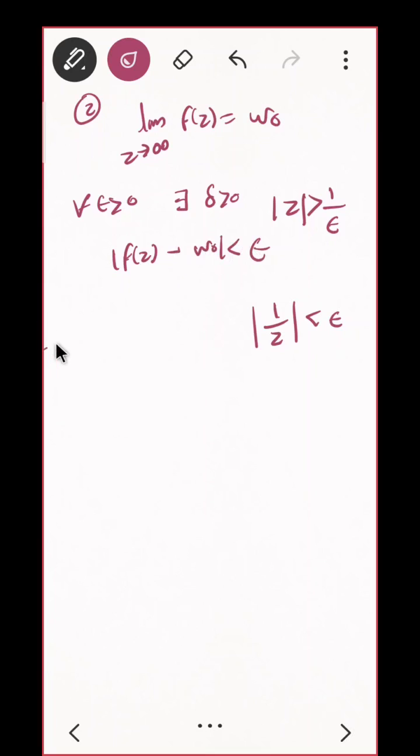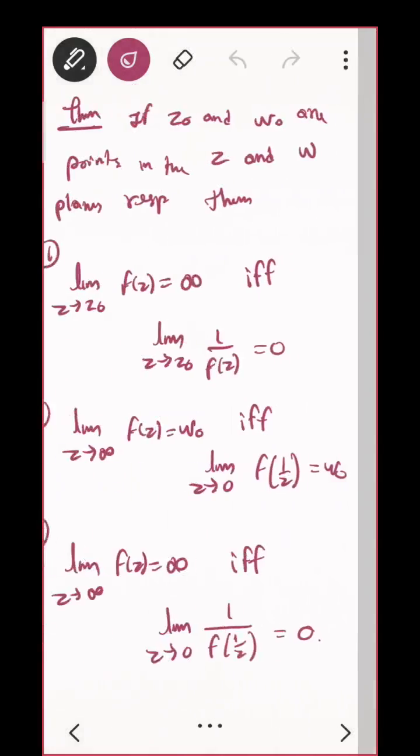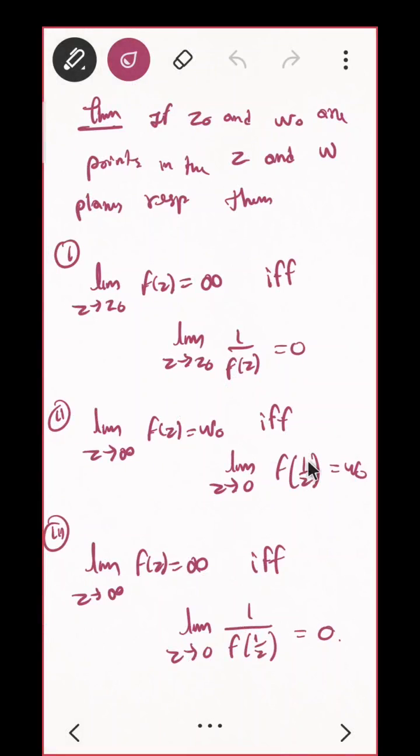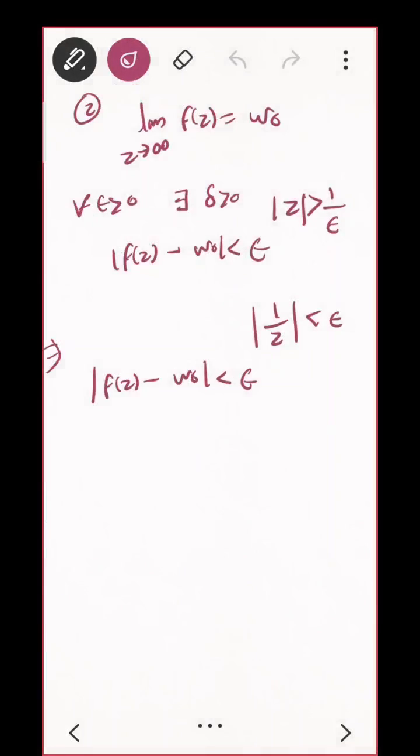In the next step, what will you do? Now see what the proof requires. You want to prove f of 1 by z, so replace z by 1 by z in the above equation.